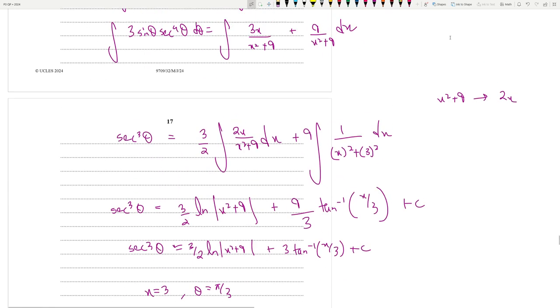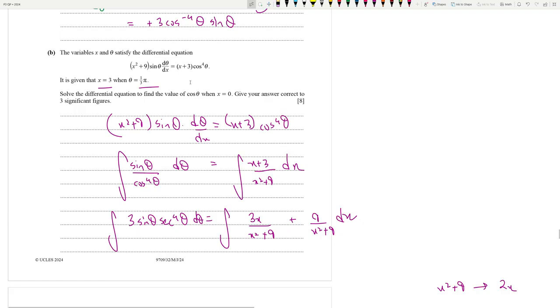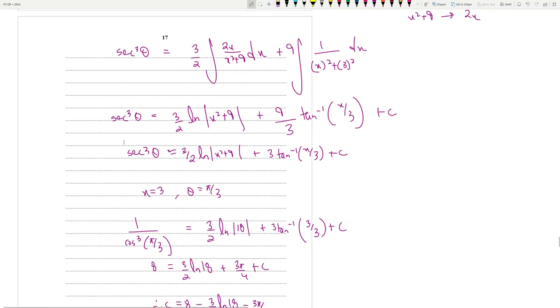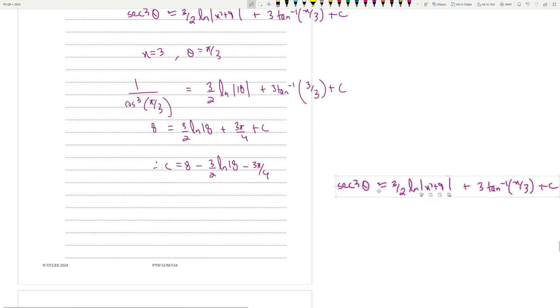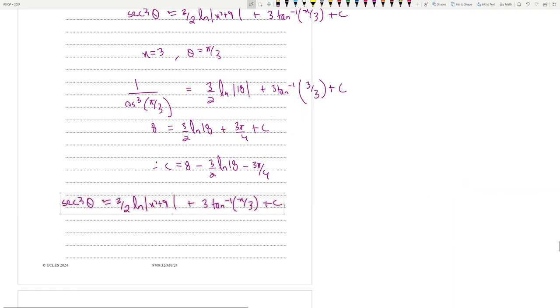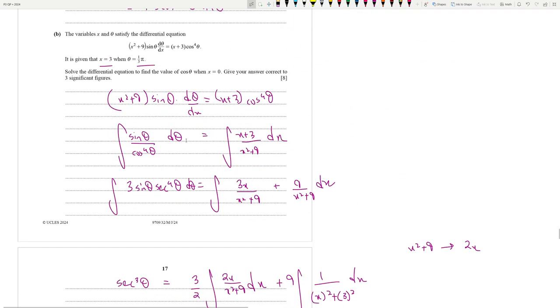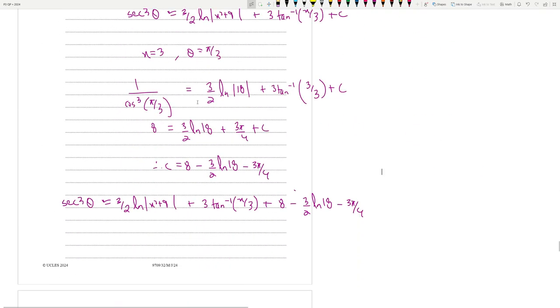Okay, so what do they want actually? Find the value of cos theta when x equals 0. Okay, we got this. Come on. So just write this again. Get rid of this and write this over here. So find out the value of cos theta when x equals 0.